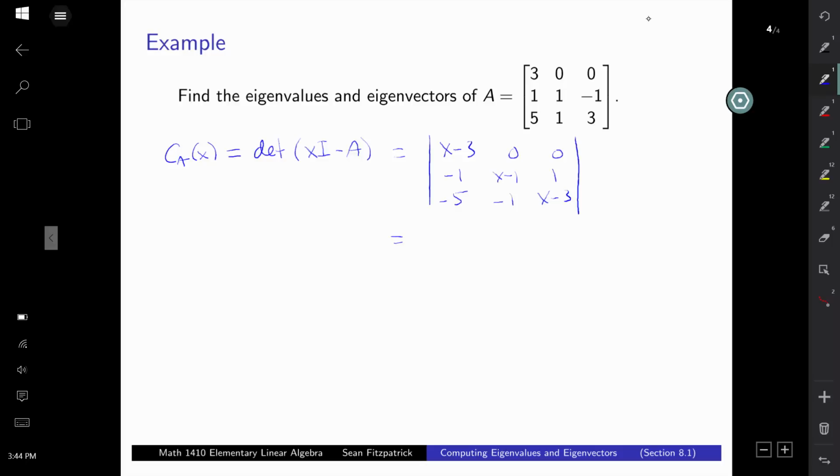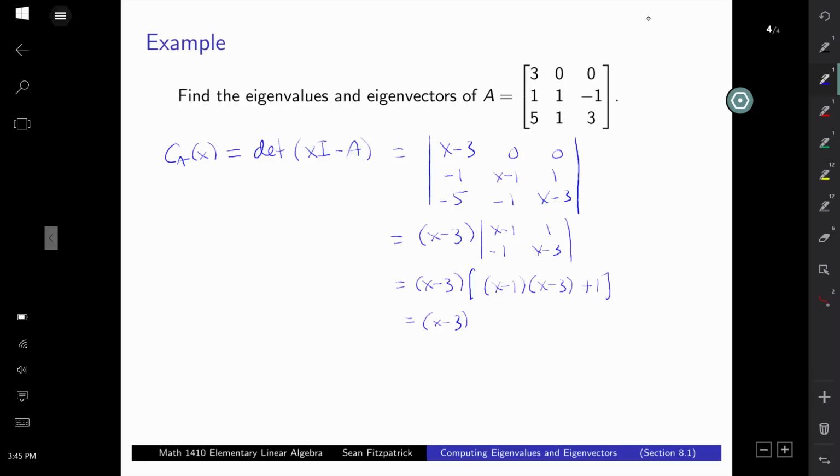I'm going to expand along the first row. I get x minus 3 times that determinant. So what do I get? I get x minus 3 times x minus 1, x minus 3, minus minus 1, so plus 1.